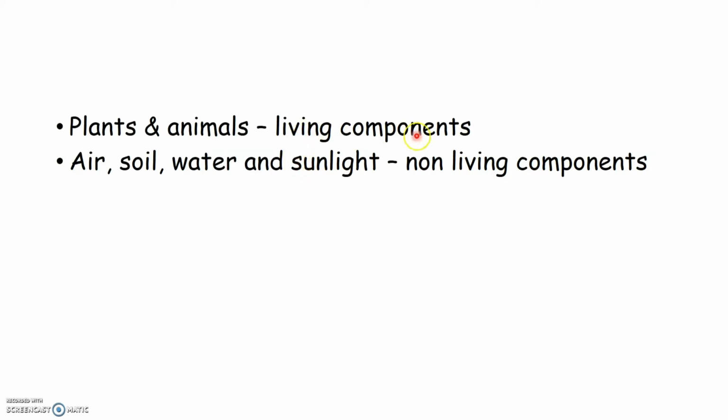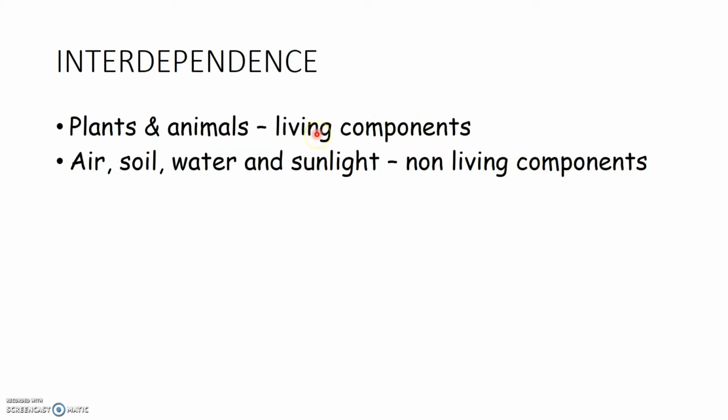So, living components of the environment, they depend on other living components and they also depend on non-living components. So this dependence of living components on other living components and dependence of living components on non-living components is known as interdependence.